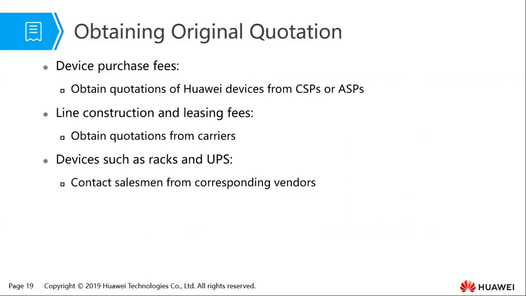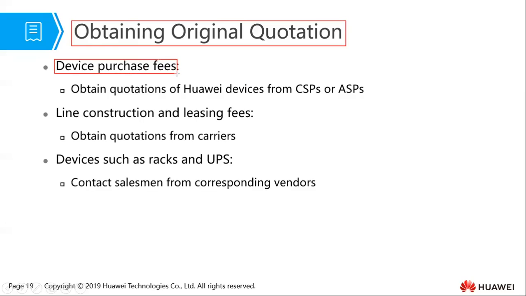Now, we've seen that, for example, in finding the total cost of ownership, we need to find the construction cost. To do that, we need to obtain original quotations. For example, when we want to purchase the devices like the switches and routers, you need to find the quotation.